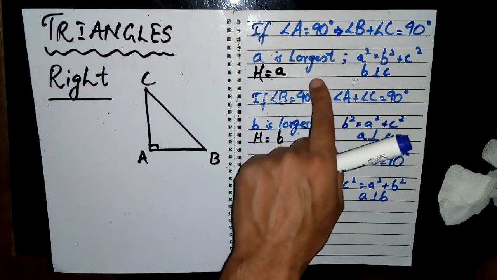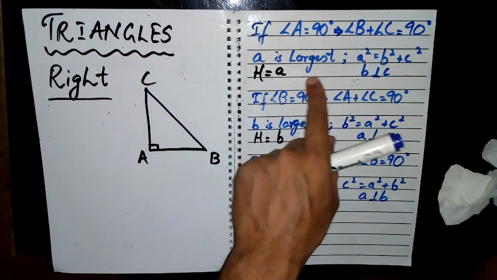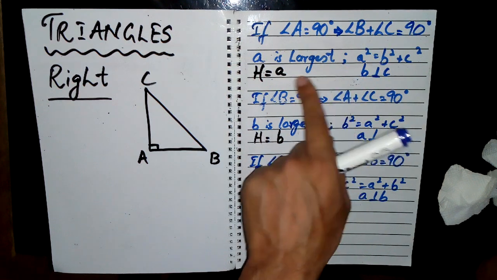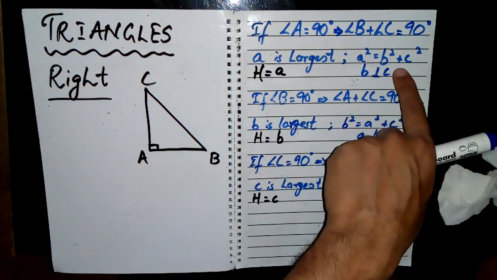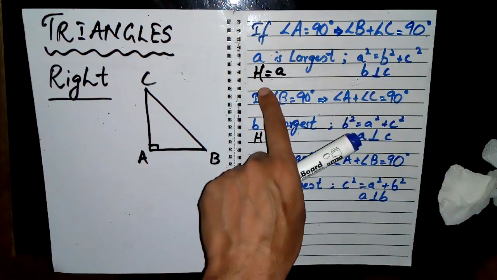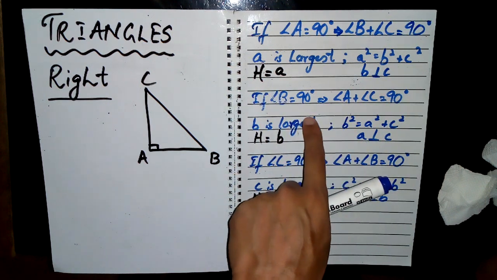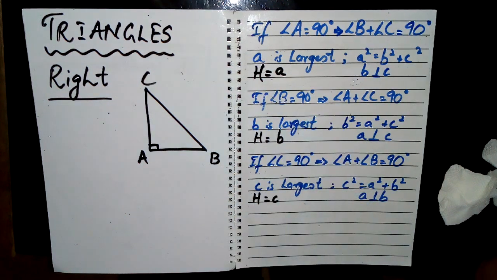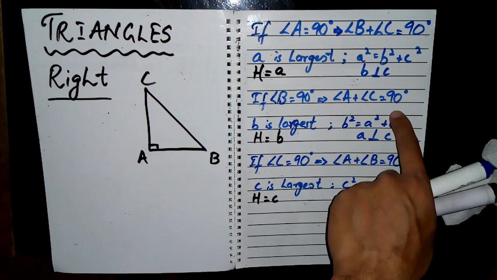If angle A is 90 degrees in a right triangle, a is the largest side, and by the property of a right triangle, also known as the Pythagoras theorem, which you will study later, a squared equals b squared plus c squared, and a is known as the hypotenuse. If angle B is 90 degrees, the same goes: the sum of the other two angles will also be 90 degrees.